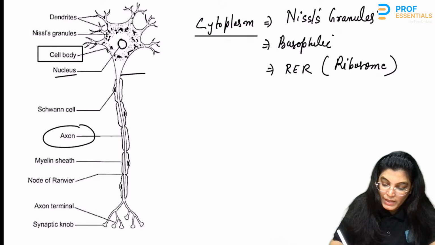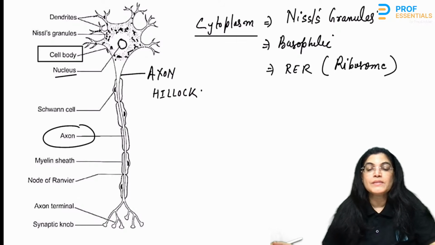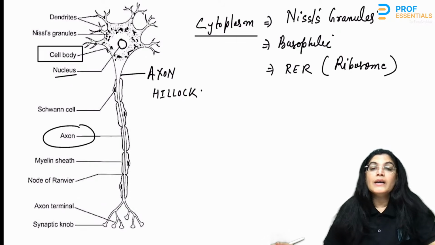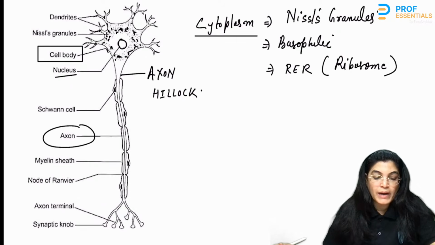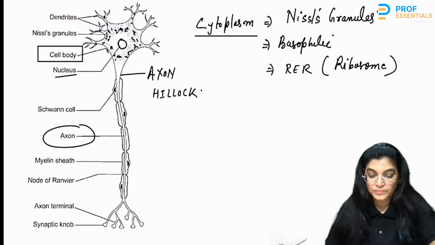This part is called the axon hillock. This is an important point which everybody should note down.